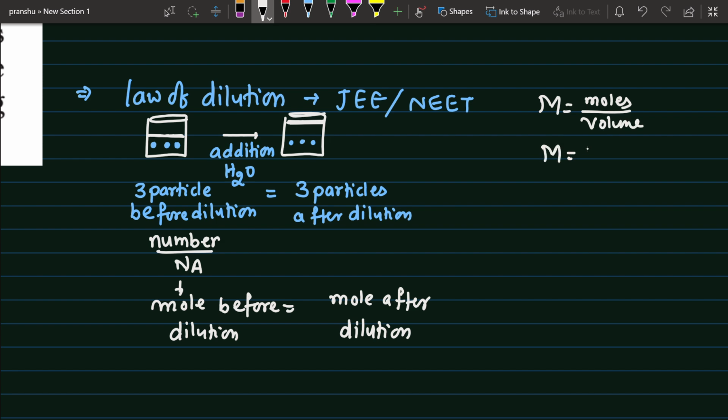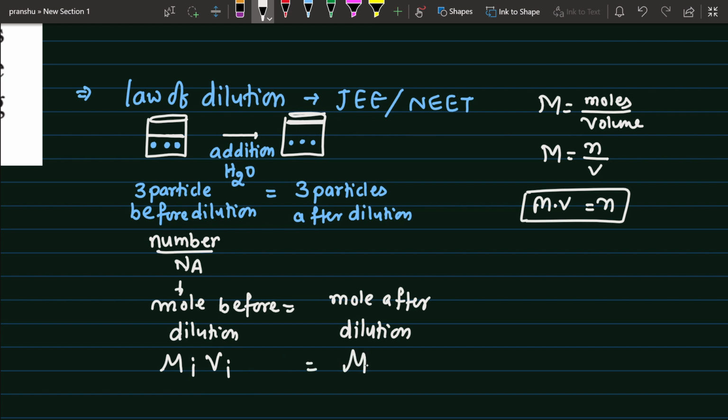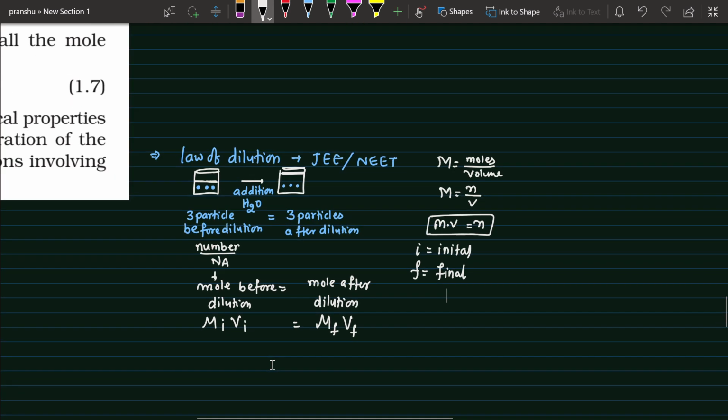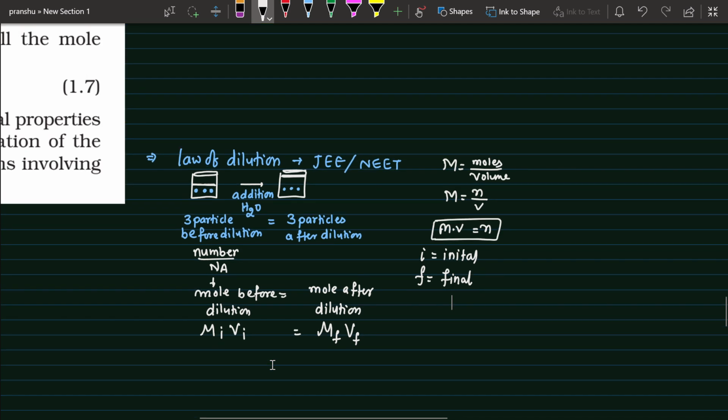So mole is equal to molarity into volume. In such case, we can say that M_i V_i, molarity initial, volume initial, is equal to M_f V_f. I means initial and F means final.